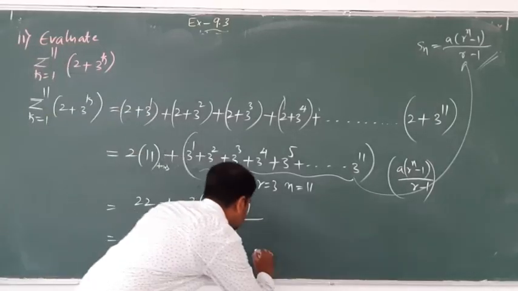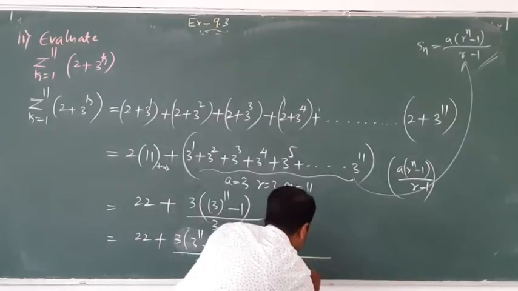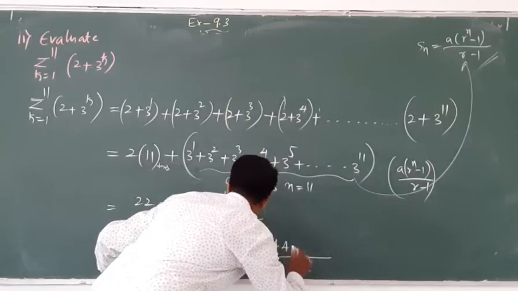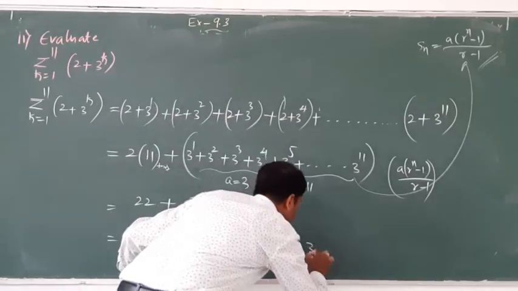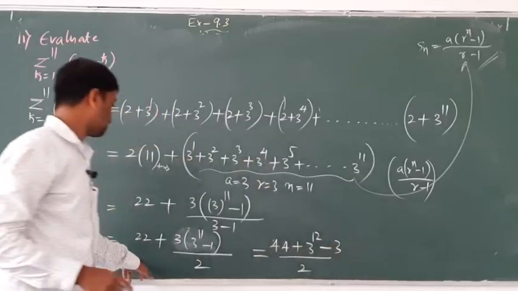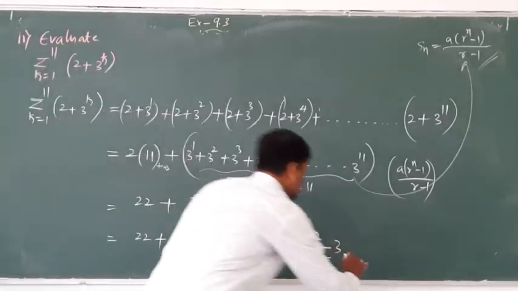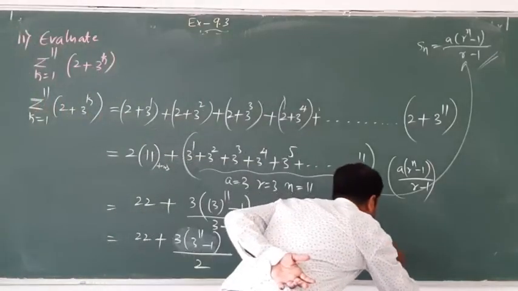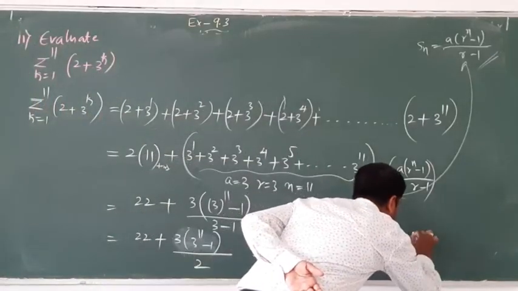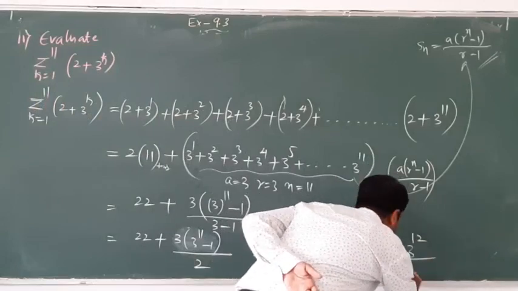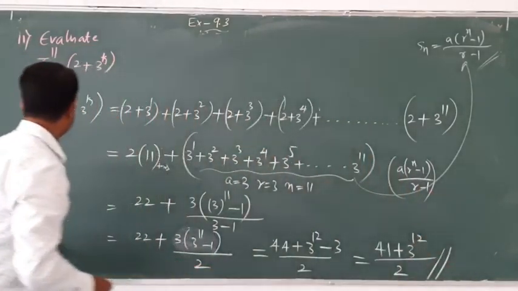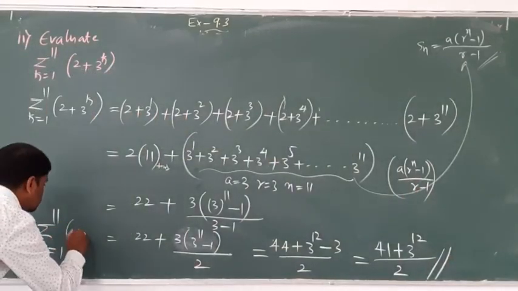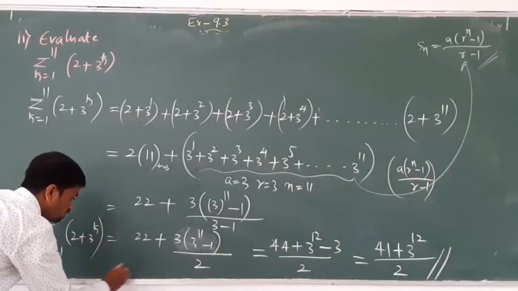You take LCM. 22 into 2 is 44, plus, now multiplied, 3 power of 12 minus 3. 44 minus 3 is 41. So 41 plus 3 power of 12 divided by 2 is equal to the summation of k equals 1 to 11 of 2 plus 3 power of k.